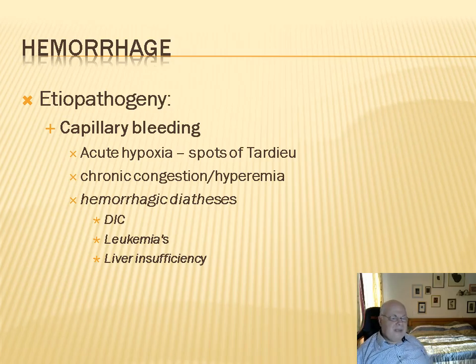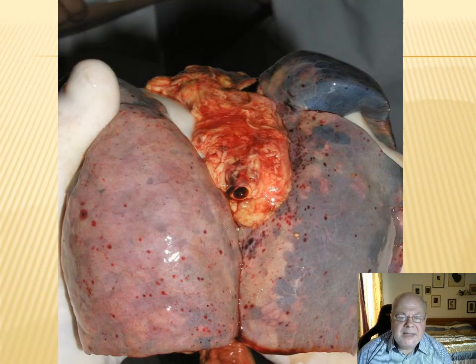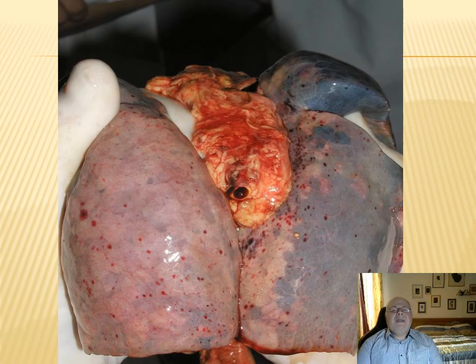So in all these situations, diffuse capillary bleeding, multi-organic, can appear. These are the spots of Tardieu in one of my cases. It was not a crime. This patient died, in fact, because of what is called pulmonary edema resulting from a cardiac insufficiency.